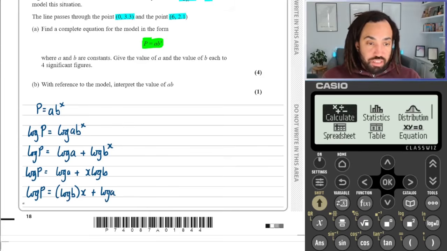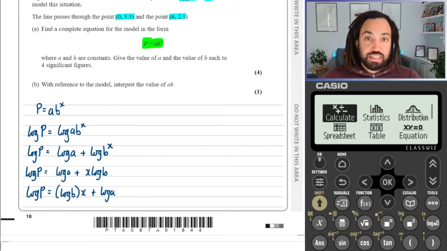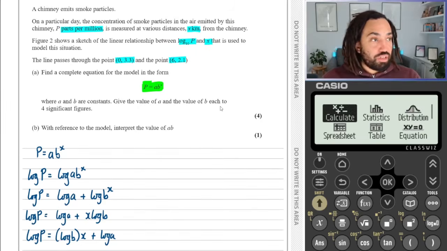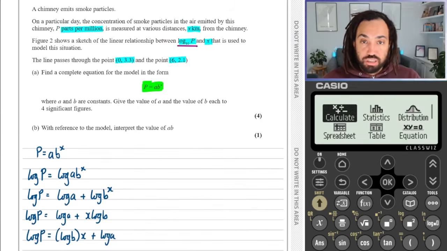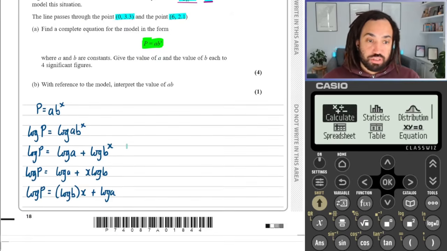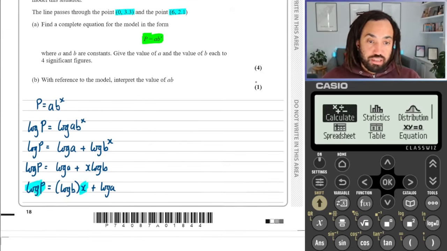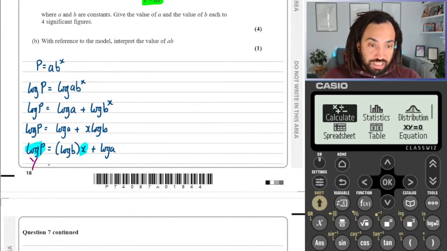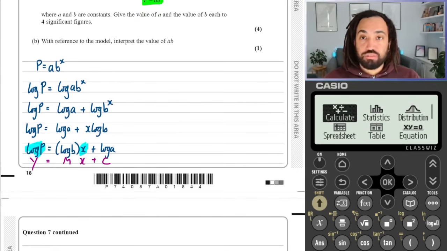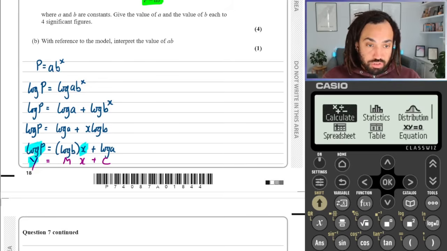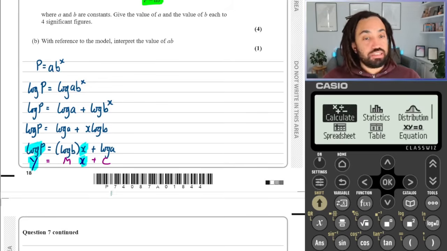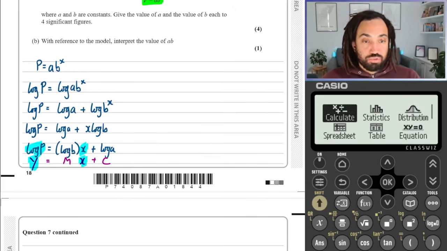The reason why I do this is because now we can compare it to a straight line. The two variables that are plotted are log p and x. So if I highlight those, log p and x, and write below the classic formula for a straight line, y equals mx plus c, then the two variables on a straight line are y and x, and we can see these match up to the variables on our log equation here.